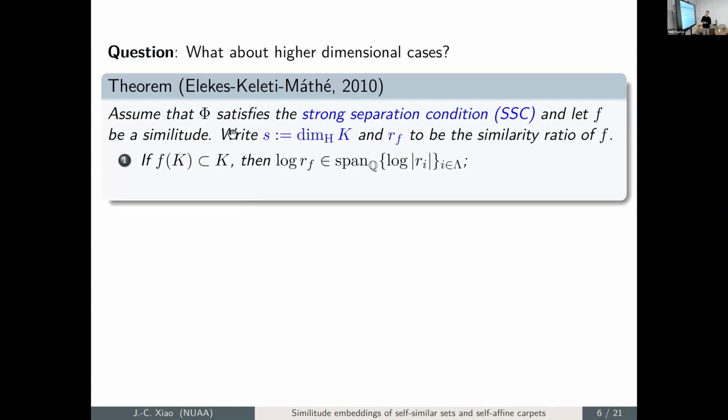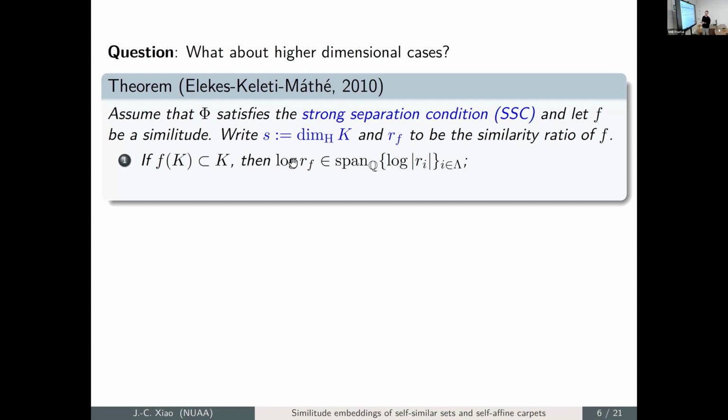And in this case, in all dimensions, they actually proved that if we write S to be the Hausdorff dimension of K, and again, R_F to be the similarity ratio of F, where F is simply a similitude, then if F happens to be a self-embedding similitude of the self-similar set, we still have the logarithmic commensurability.